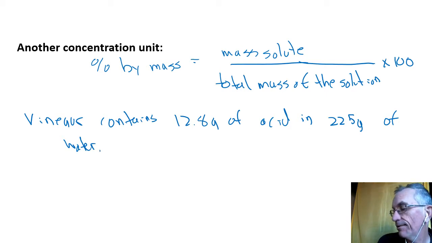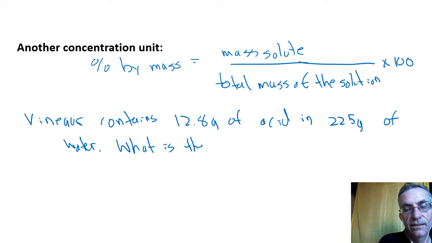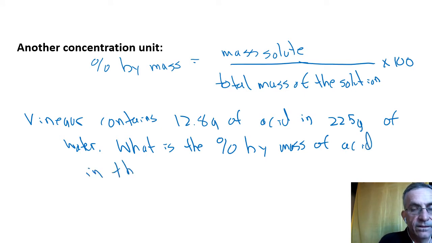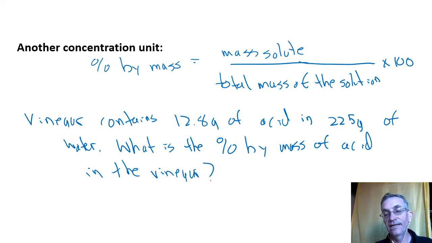And I want to know, what is the percent by mass of acid in the vinegar? So a bottle of vinegar contains 12.8 grams of acid and 225 grams of water. What's the percent by mass of acid in the vinegar?